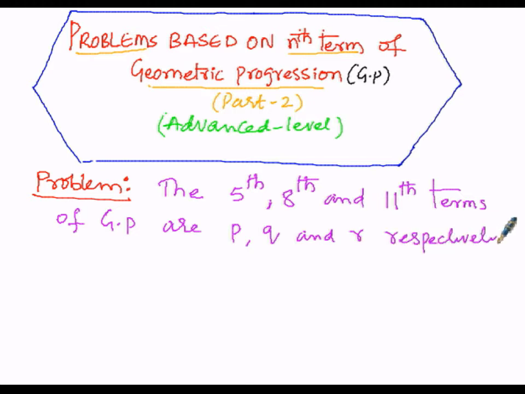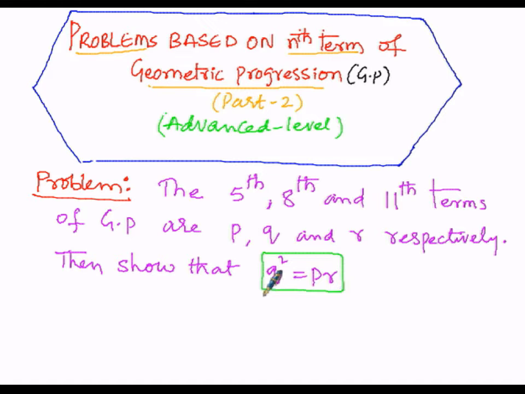So here as per the problem, the fifth term will be P, the eighth term will be Q and the 11th term will be R. Then we have to prove, then show that Q square is equal to PR. So we have to prove Q square is equal to PR.